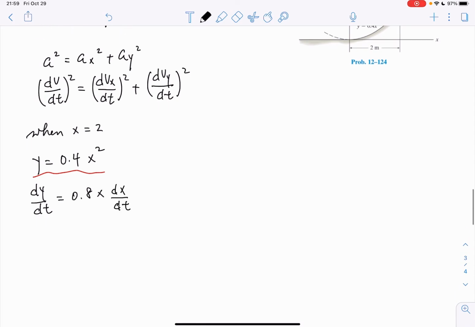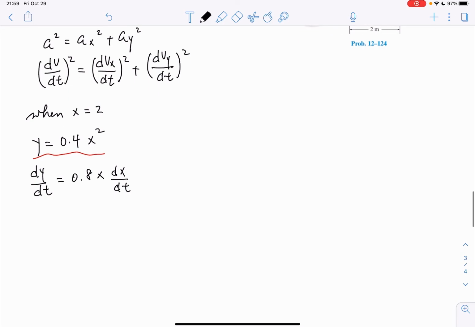Now we still need to differentiate again. The second derivative of the displacement is the acceleration.